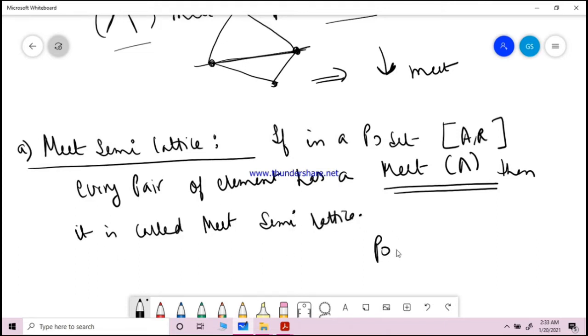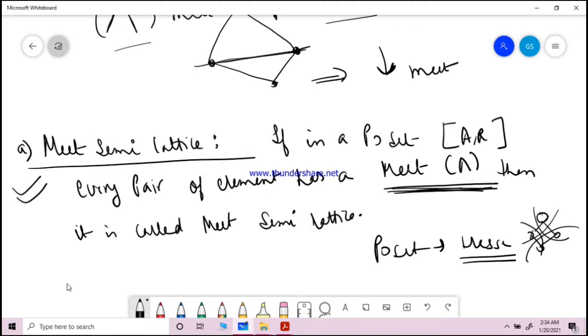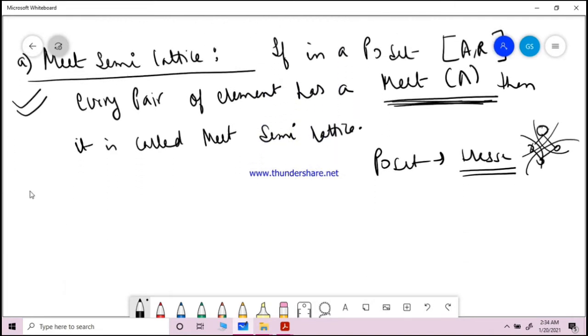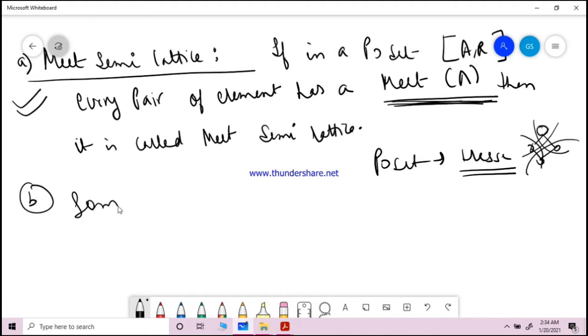Suppose you have a poset and you have drawn a Hasse diagram out of that. In this diagram, if you consider any random pair, then you get a meet. If this condition is true, then this poset will be known as meet semilattice. And the reverse is join semilattice. It is defined as, if for every pair there is a join in the diagram, then you can simply say that this is a join semilattice.